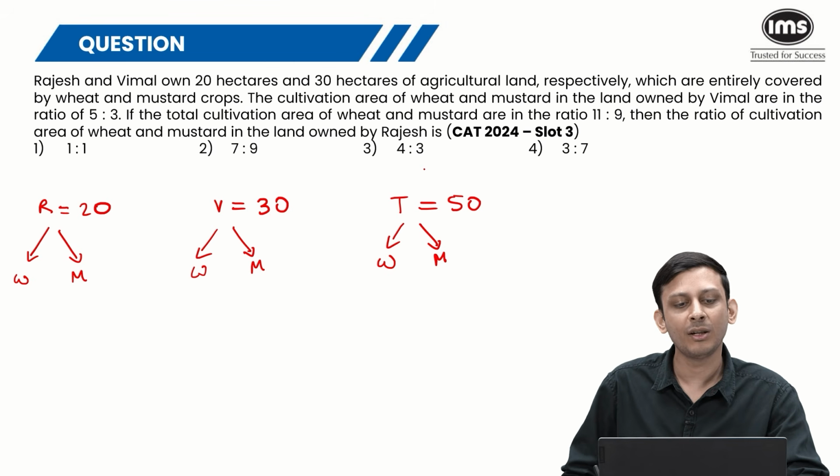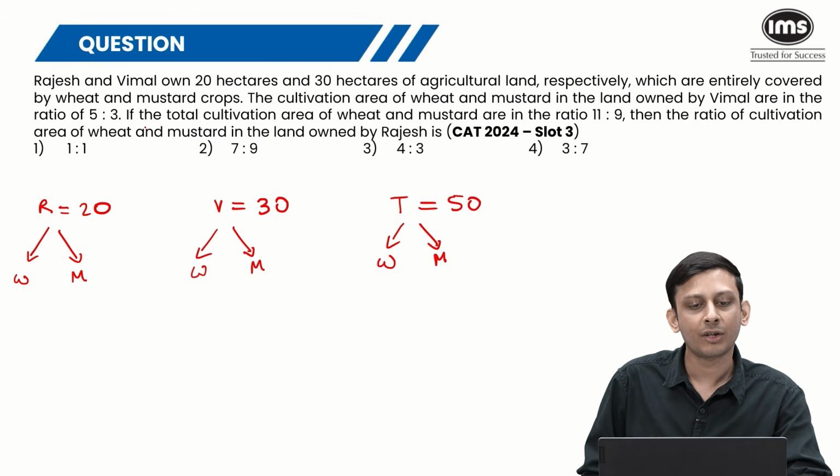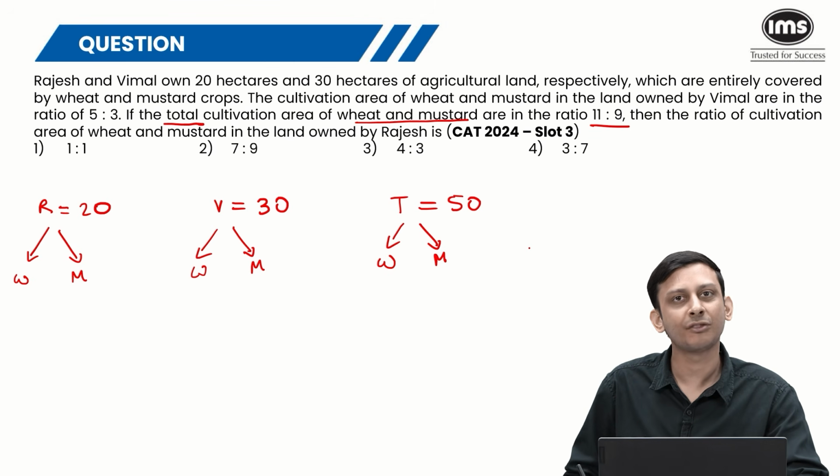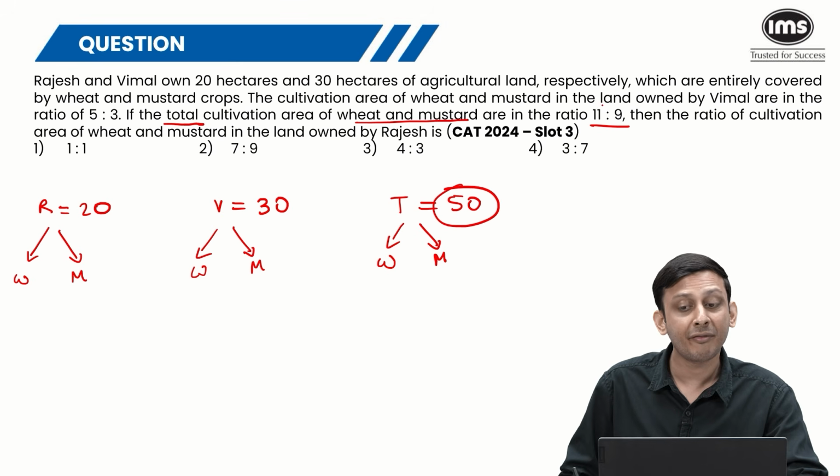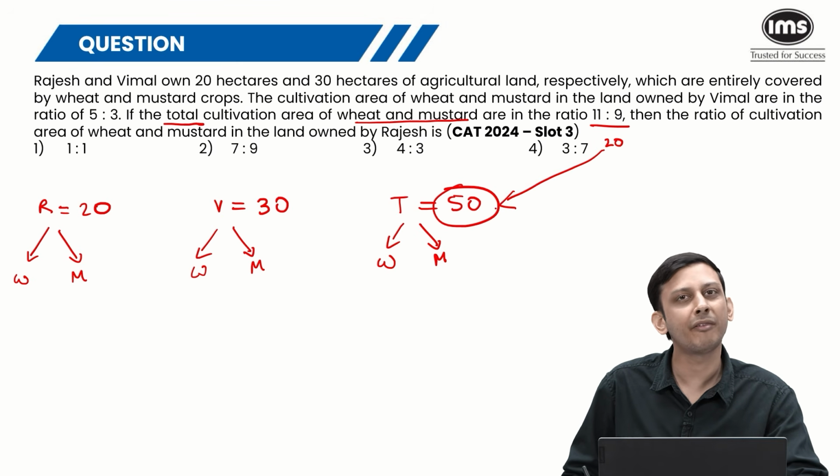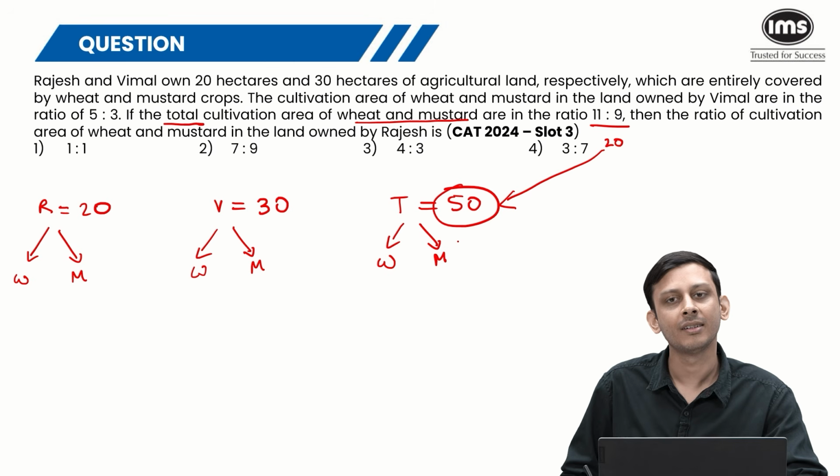See, if we, for example, look at the total of wheat and mustard in the ratio 11:9. Now, the total is 50. And this 50, we have to split in the ratio 11:9. Now, 11 plus 9 is total 20 parts. 20 parts total are giving us 50 total, but 50 is not divisible by 20.